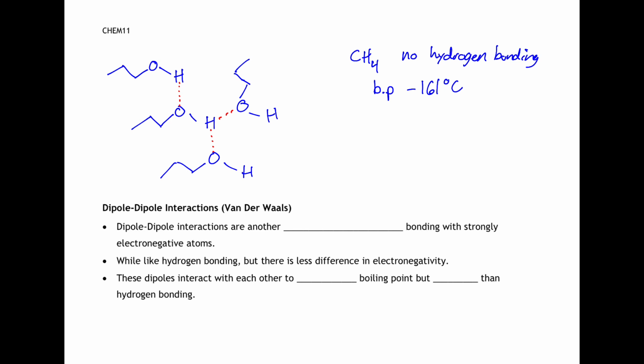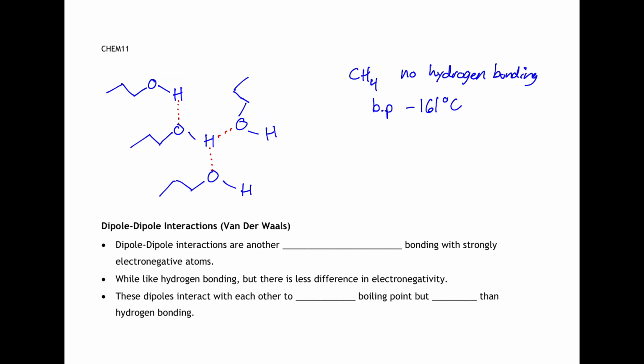Something that has a lot of hydrogen bonding is water, right? Water, which is H2O, lots of O's, lots of H's, really like to work themselves together. What's the boiling point of water? 100 plus, so it's plus 100 degrees Celsius.